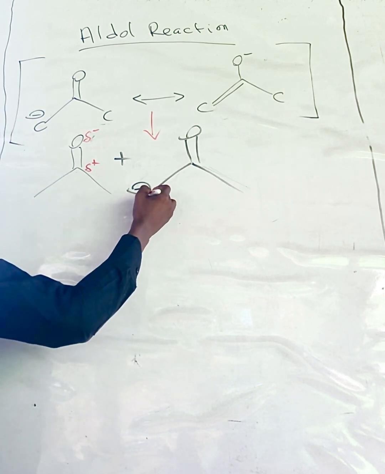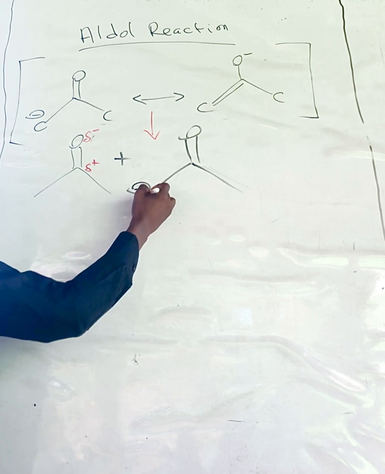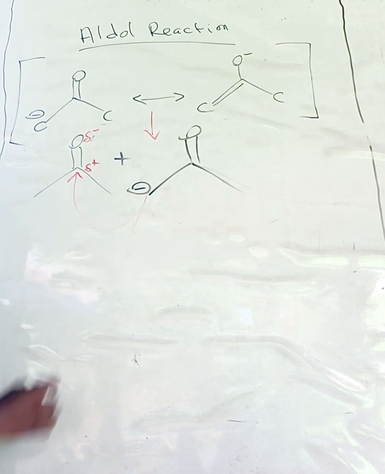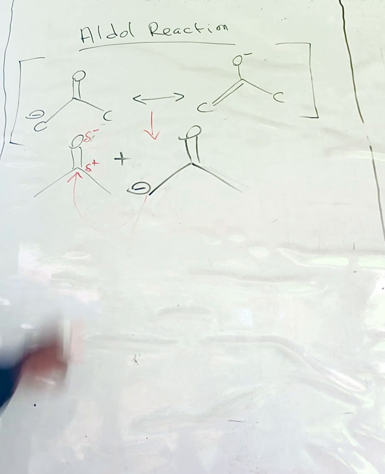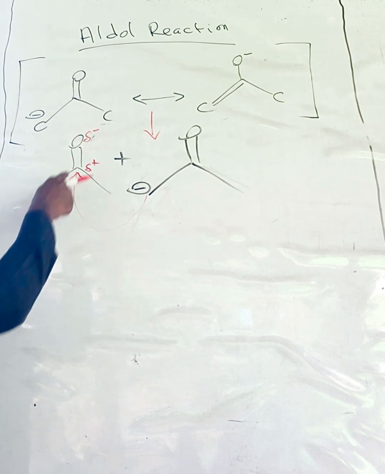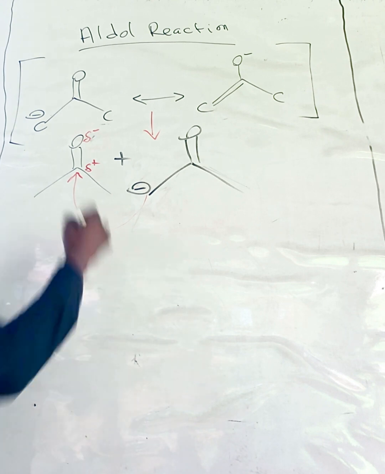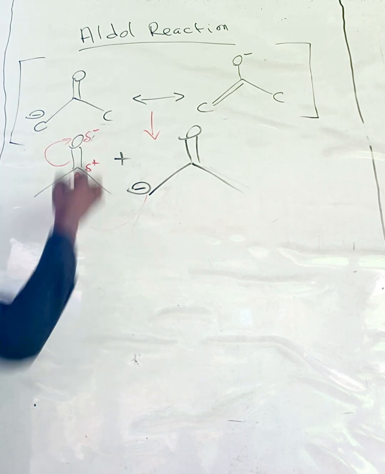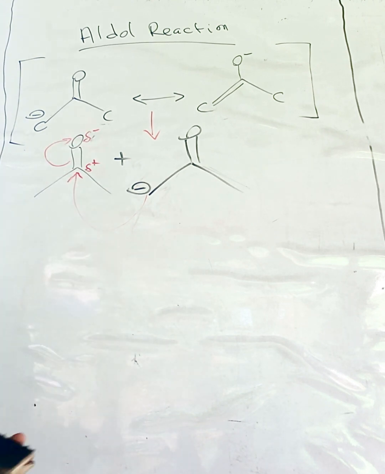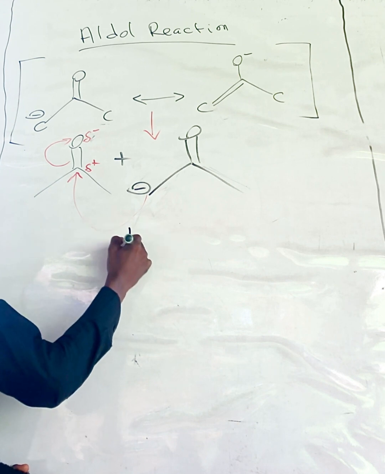So our negatively charged carbon here attacks the positively charged carbon in the ketone. And as I said, to prevent this carbon from having four bonds, one of these bonds has to break onto the oxygen so that we can establish that stable system. And once you do that, what do you get?